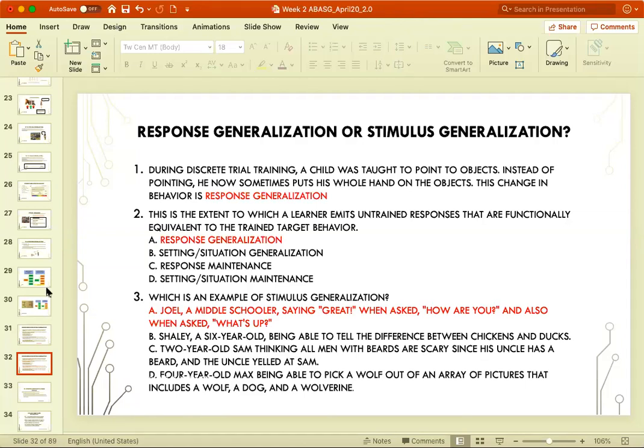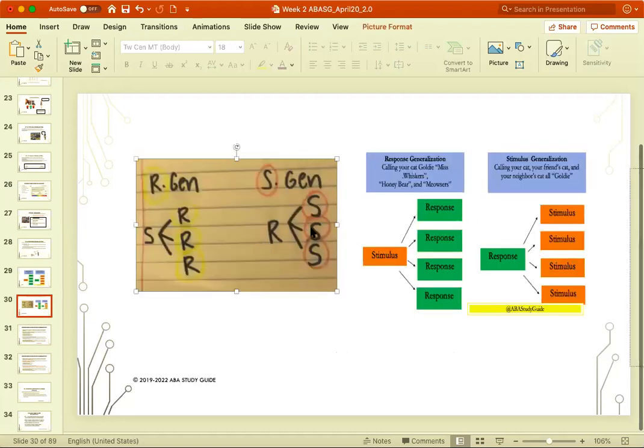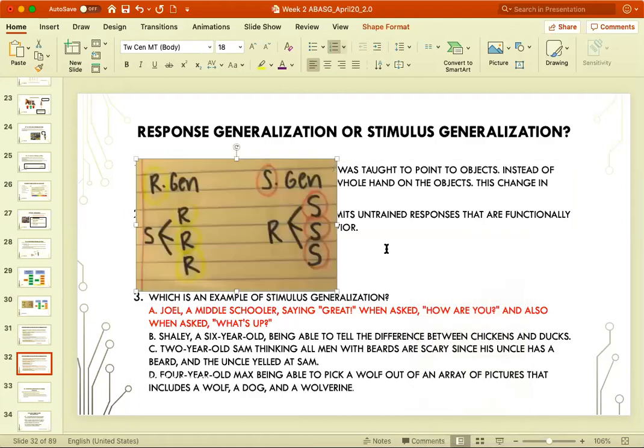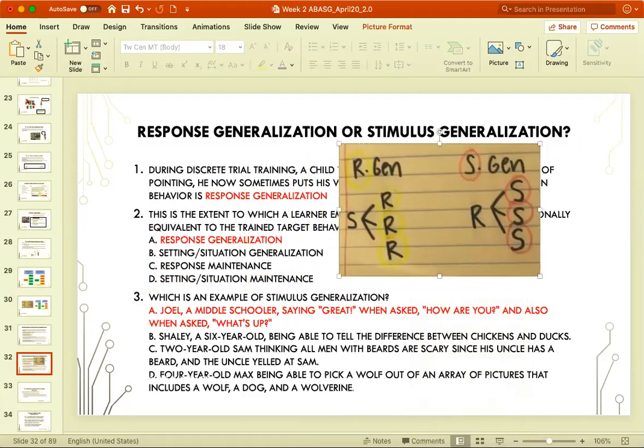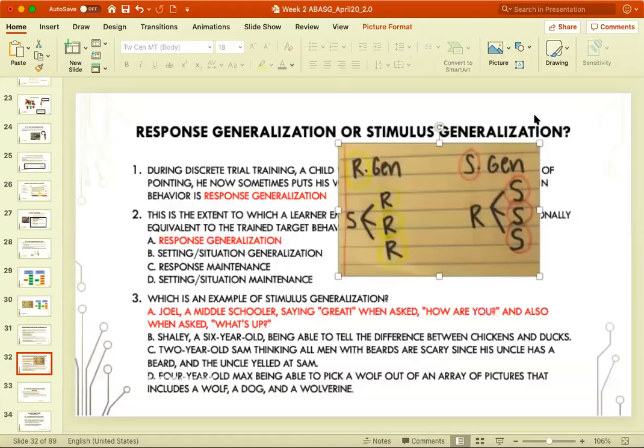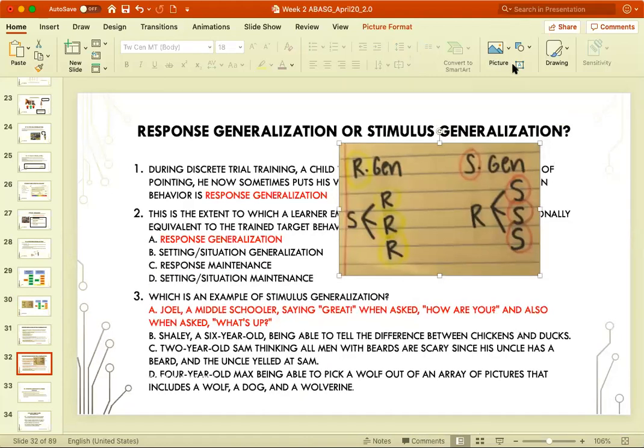And then for number three, we have Joel, who is a middle schooler, and he says great, which is his response, and he is given multiple greetings.